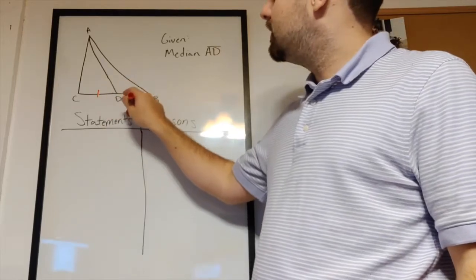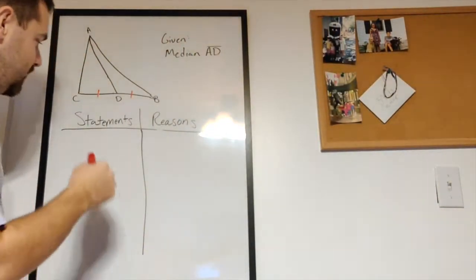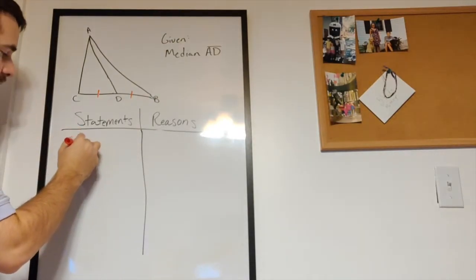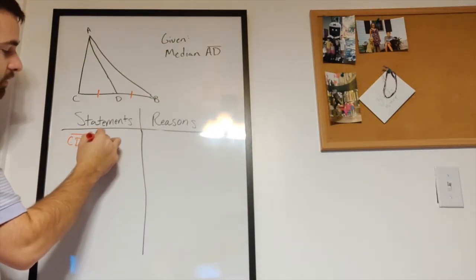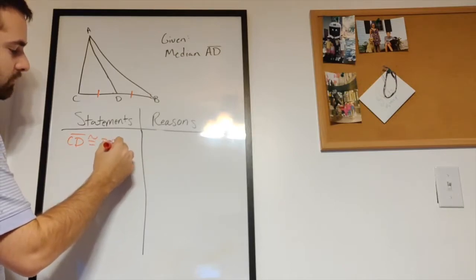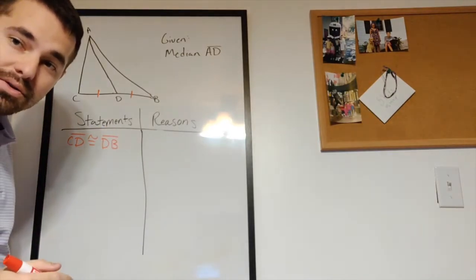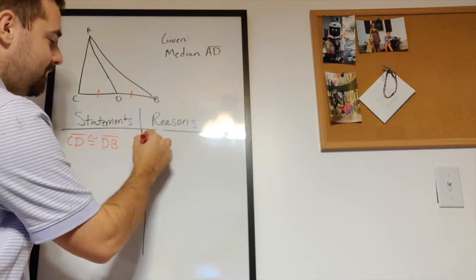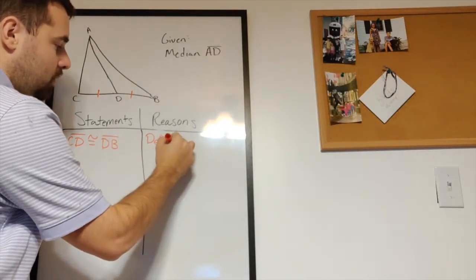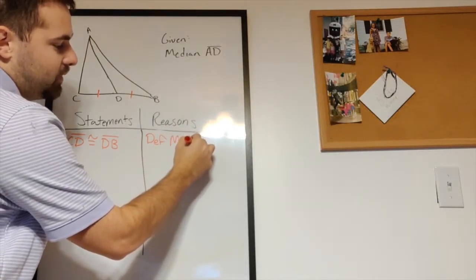So we can mark CD congruent to DB. Since we marked it, let's write it in and say CD is congruent to DB. The definition we use to make this claim is the definition of a median.